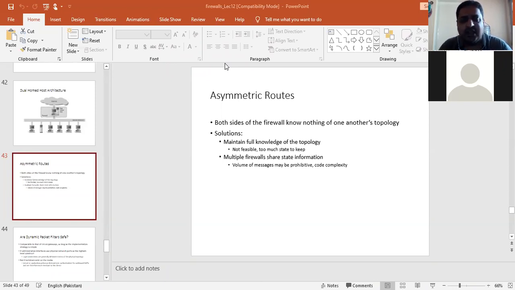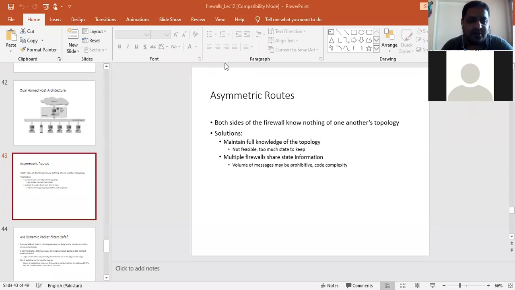For example, it's also possible that sometimes we are sending the data along a route, and due to some reason that particular packet is stopped. Then we can select another route for the same packet to send the data.